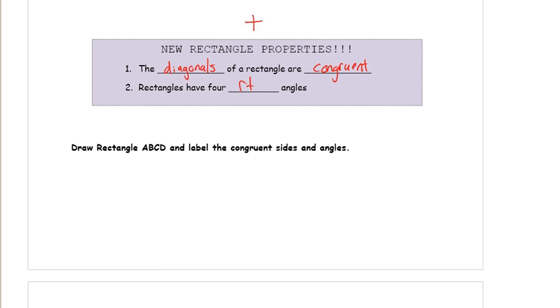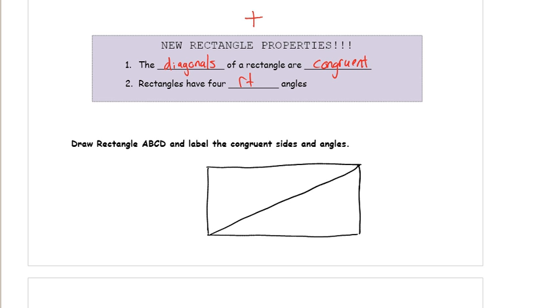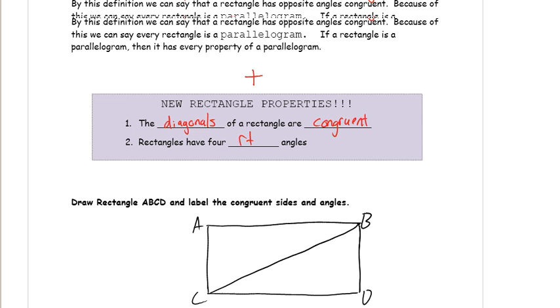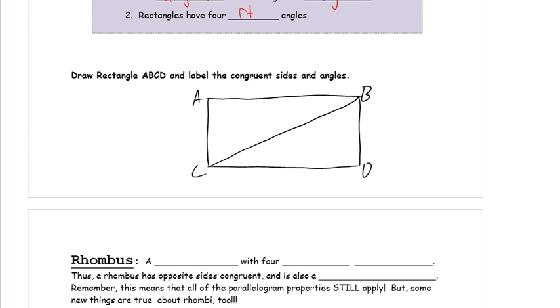Okay, so if we draw a little rectangle and label everything we know, including maybe a diagonal in there, we'll call it A, B, C, D. We're going to go one at a time. So up at top, opposite sides are congruent, opposite angles are congruent. So I'm going to mark that first.